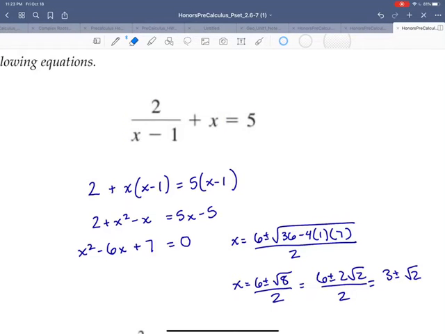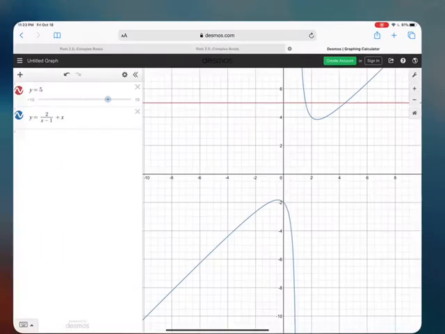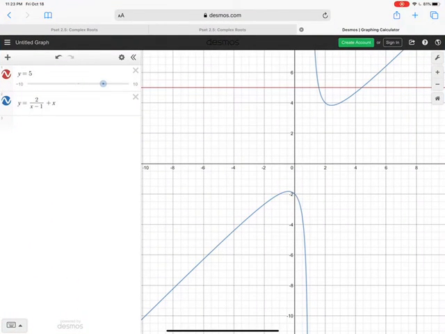So let's just graph this. When I graph it, I see that I have two solutions, 1.586 and 4.414.